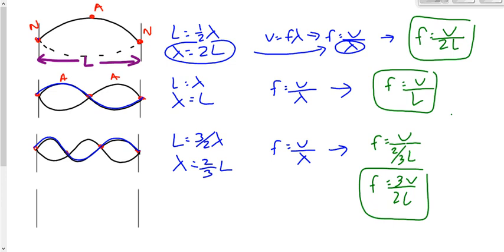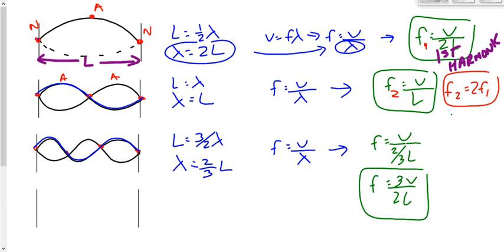Now what I want you to notice here is the pattern. The first one we call our first harmonic. Notice the value of the second one. The second one, F2, is twice the value of F1.